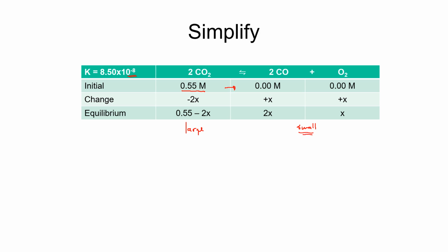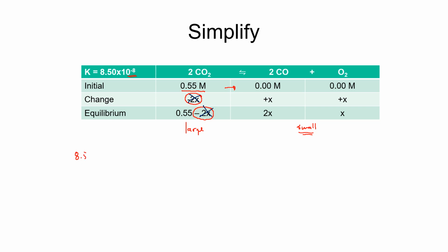It's going to be a teeny tiny little shift, which means this value for x is going to be very small. And so when we subtract this very small number from the larger value that you're starting with, the difference will be negligible, and we can ignore it and make our solution a lot easier. So what we do is we just ignore the change to the large value because it'll be negligible compared to the amount that we have, and we solve for the rest of them. So that'll look like this.